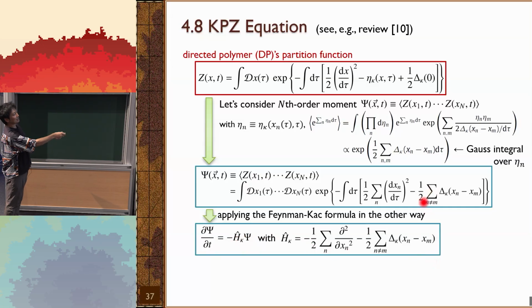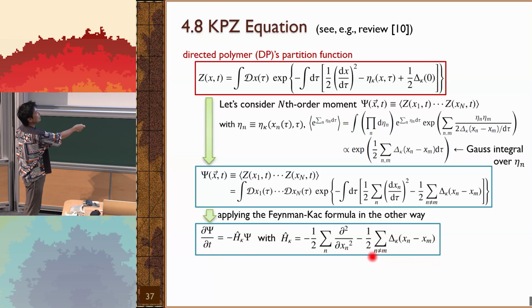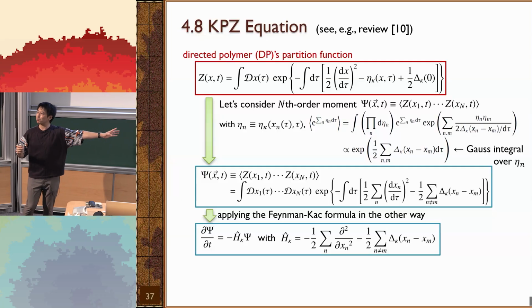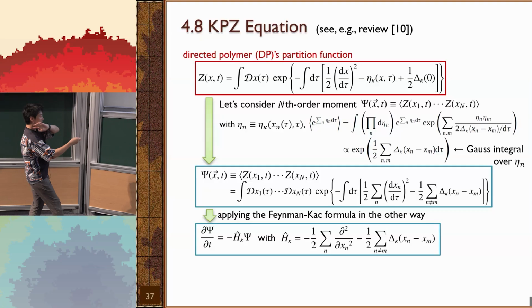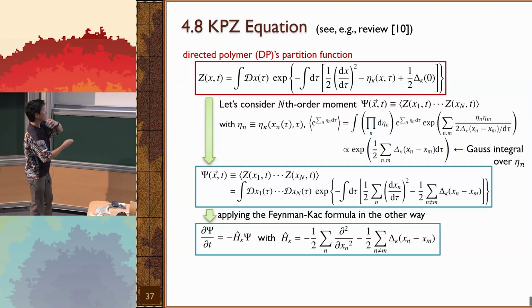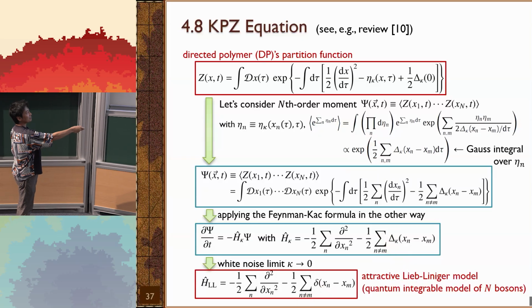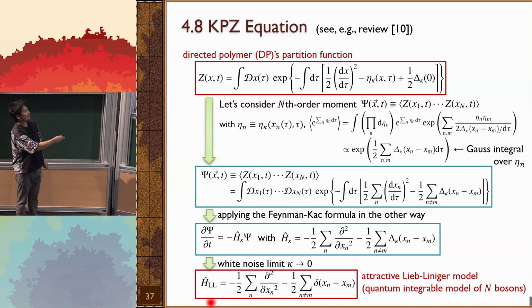It just comes from this. And since we don't have summation over n equal m anymore, actually we can take the white noise limit without any problem. We take the limit of vanishing kappa, and this capital delta becomes a delta function. So this is the Hamiltonian we get.